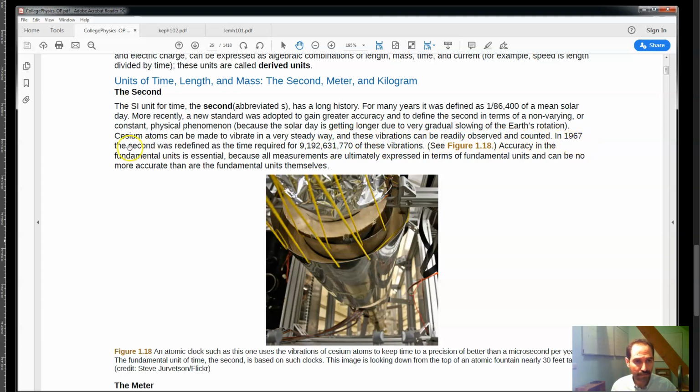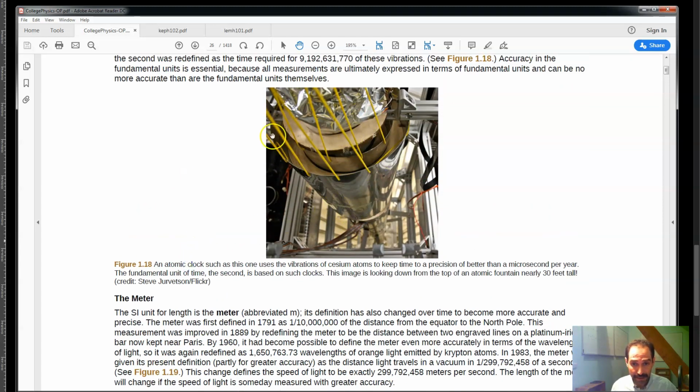In 1967, the second was redefined as the time required for 9,192,631,770 of these vibrations. Accuracy in the fundamental units is essential because all measurements are ultimately expressed in terms of fundamental units, and they can be no more accurate than the fundamental units themselves, right?